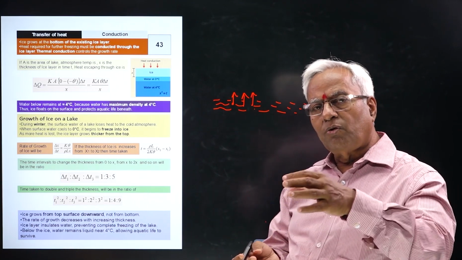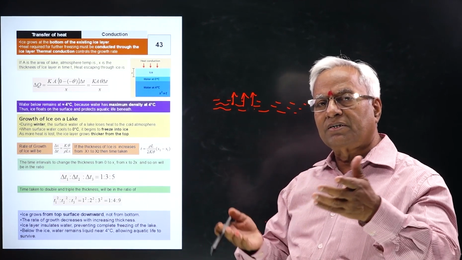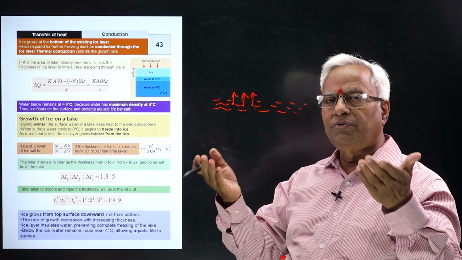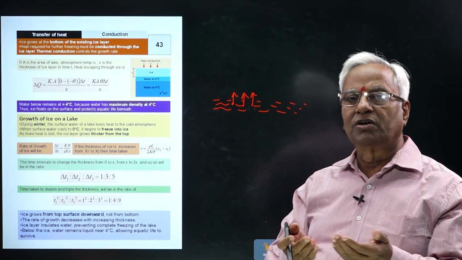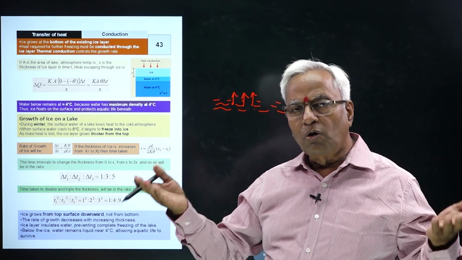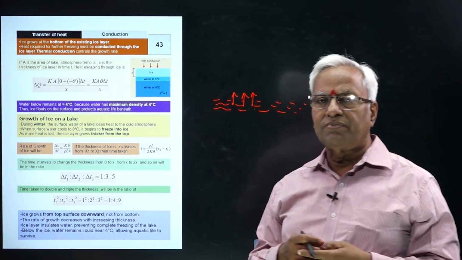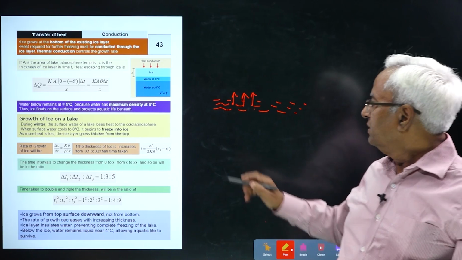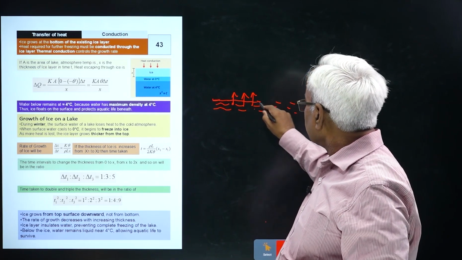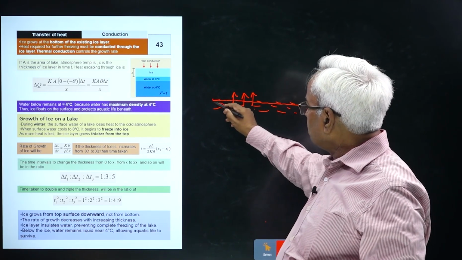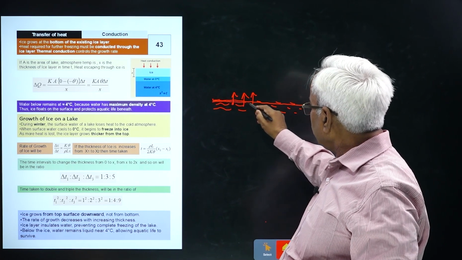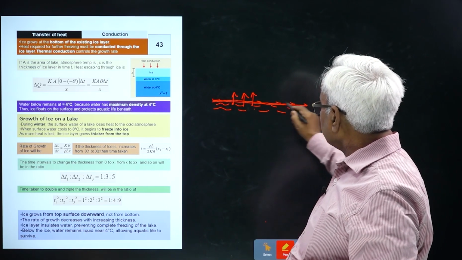Because of the regular flow of heat from water, it will start freezing. So we notice that freezing of water starts from the top of the lake, never from the bottom. Whatever ice is formed will be at the top, and the freezing will continue below it.